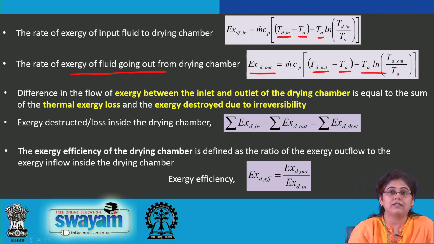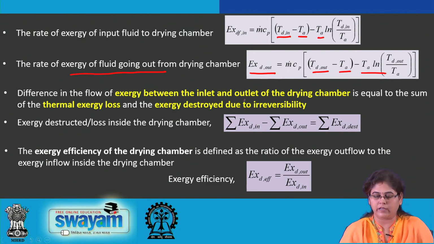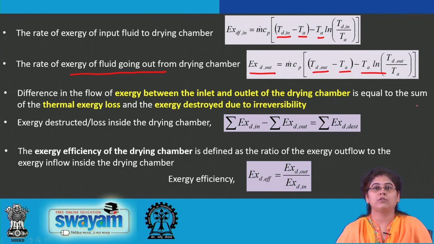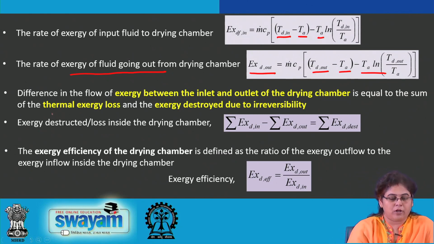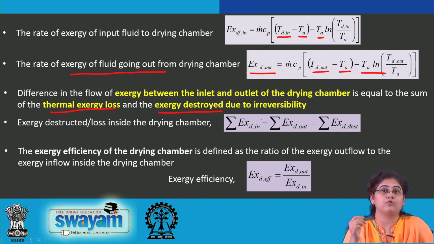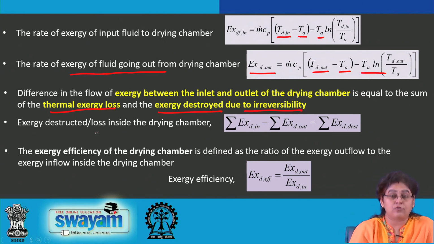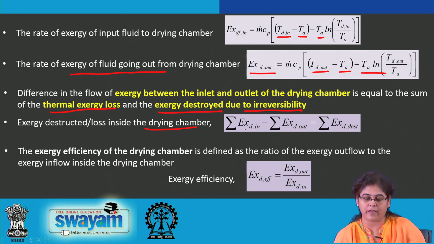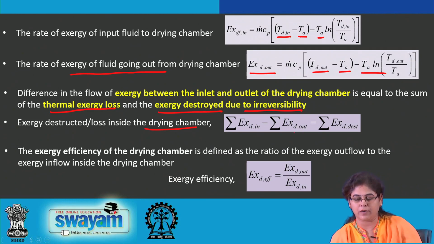So, the difference in the flow of exergy between the inlet and outlet of the drying chamber is equal to the sum of the thermal exergy loss and the exergy destroyed due to irreversibility. So, exergy destroyed or lost inside the drying chamber can be represented as summation of exergy into the drying chamber minus summation of exergy out from the drying chamber.